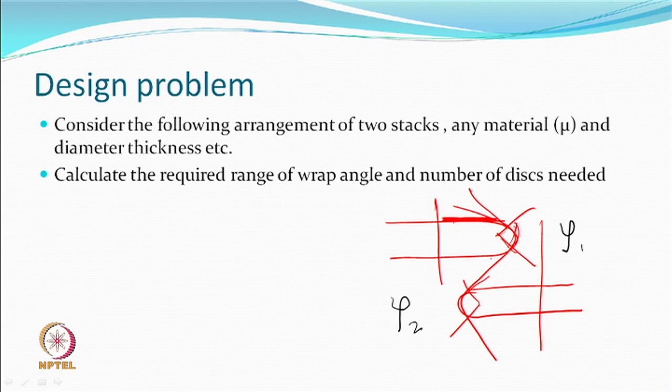Well, one thing you can do is change the curvature, make the thickness more. Rotation of course can change because of the diameter. The distance between the two discs can be changed. If you change the distance between the two, then the wrap angle can change.